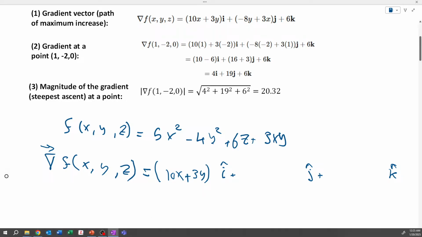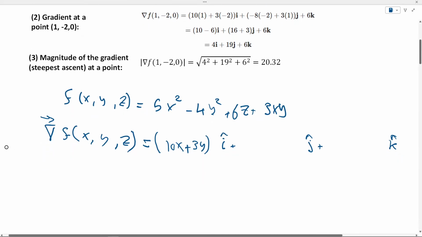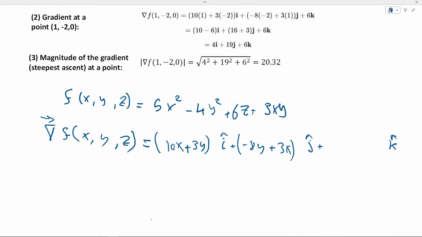And then what do we have in the J direction? In the J direction, that's a constant, so this is 0. Here I have minus 8y, that's a constant, and I have here plus 3x.